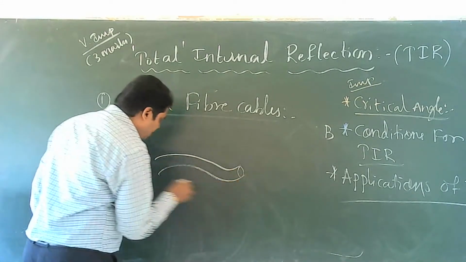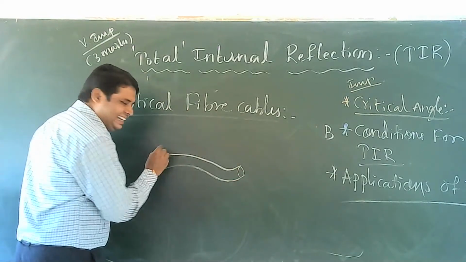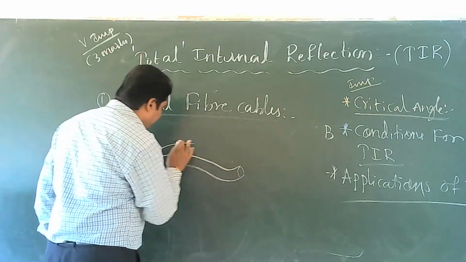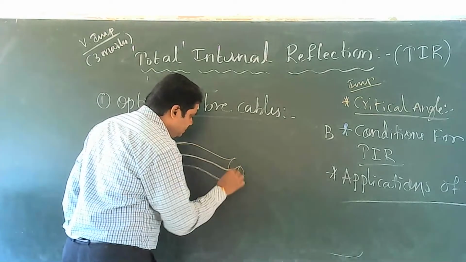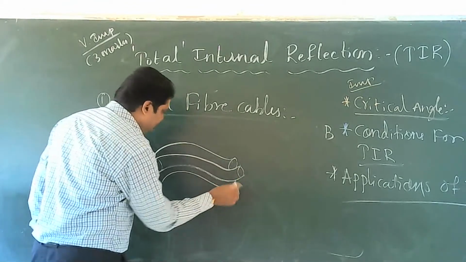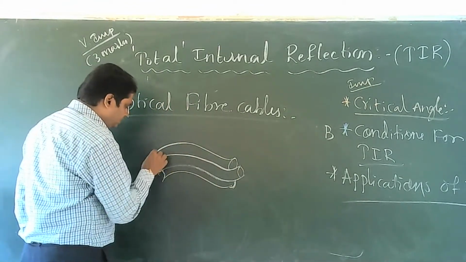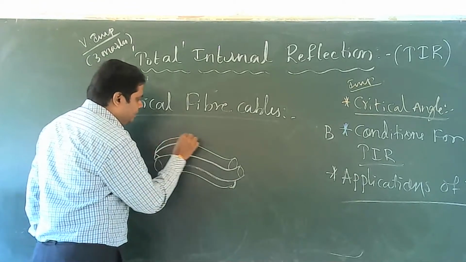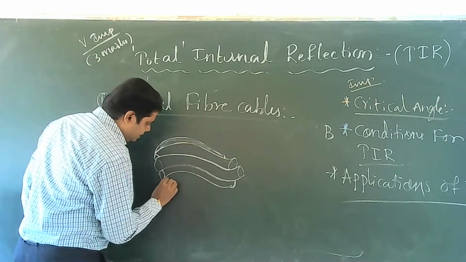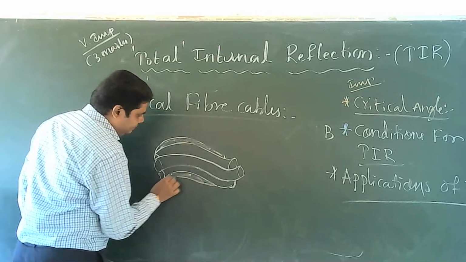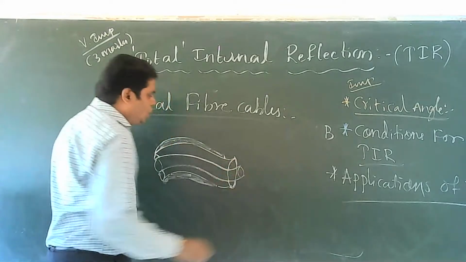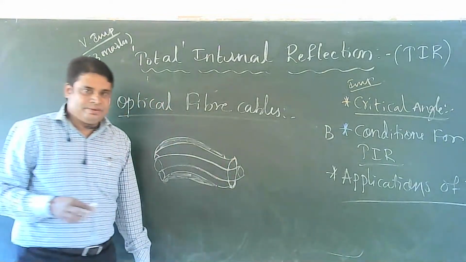OFC has three different layers. Inner layer, some outer layer, and some plastic jacket on it, some plastic cover on this. Okay, there are actually mainly two layers.